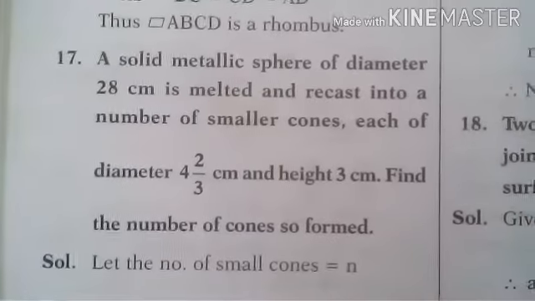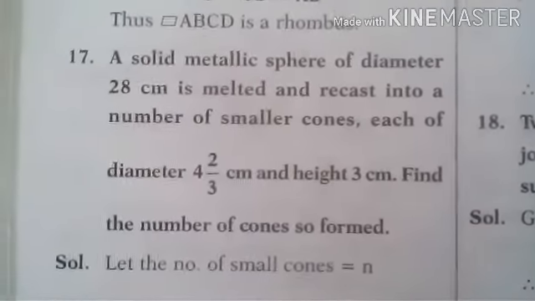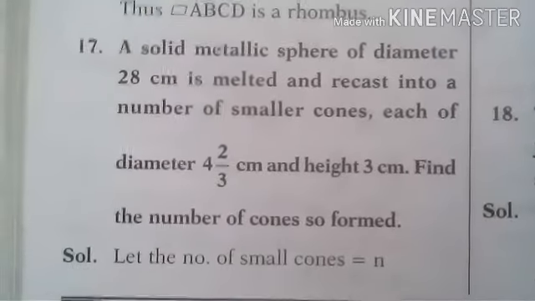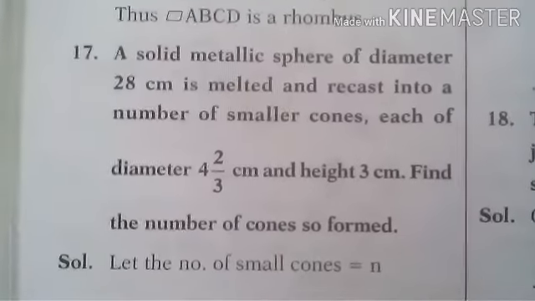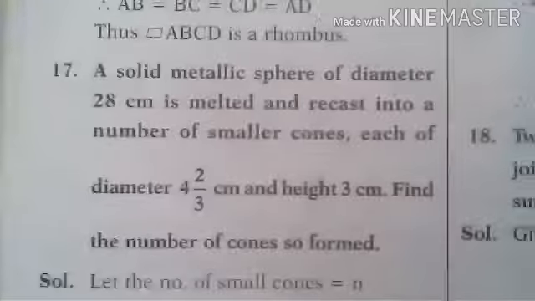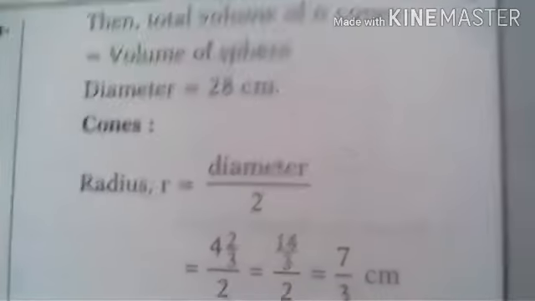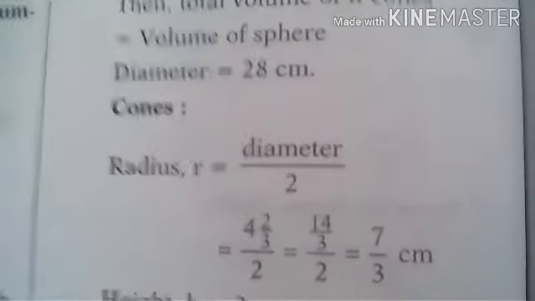A metallic sphere of diameter 28 centimeters is melted and recast into number of smaller cones. Each diameter is 14 by 3 centimeters, height 3 centimeters. Find the number of cones. Let the total number of small cones is equal to n. Then total volume of n cones is equal to volume of sphere.